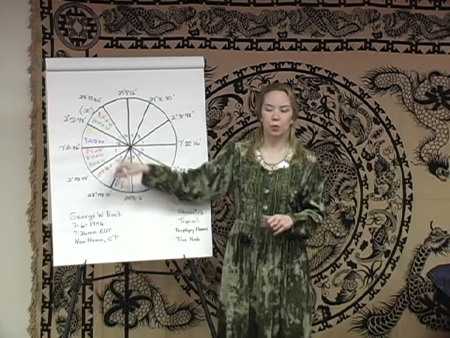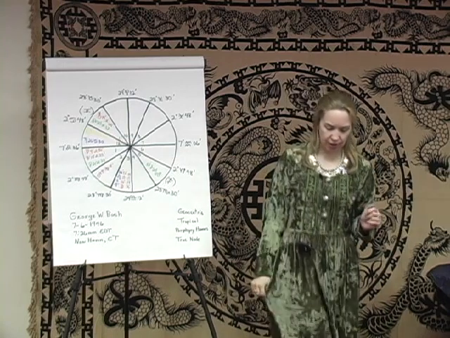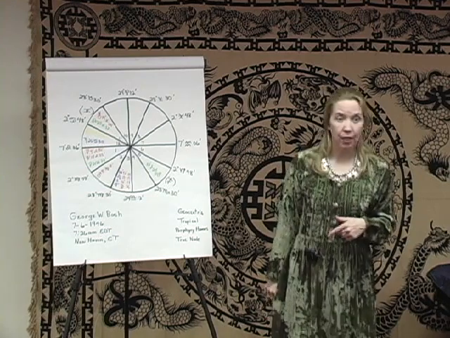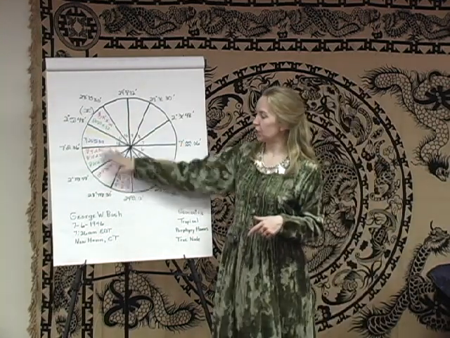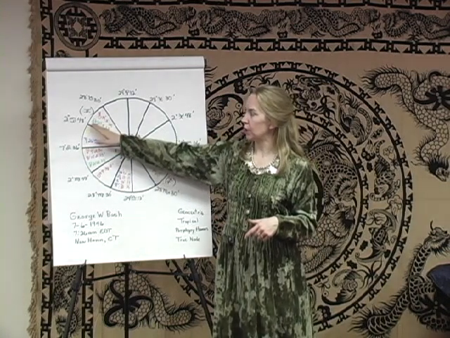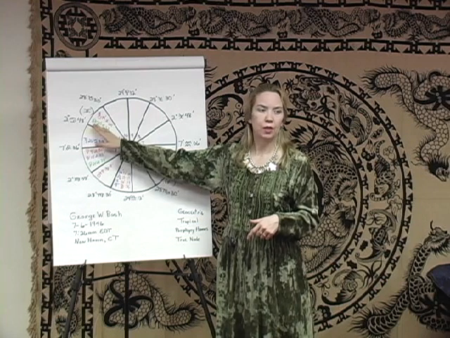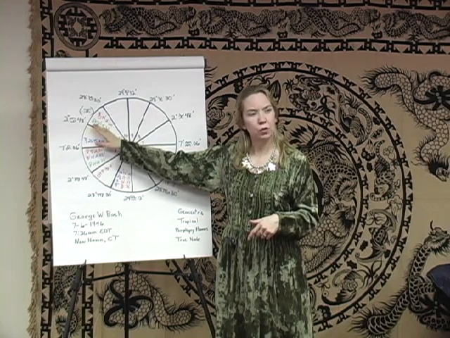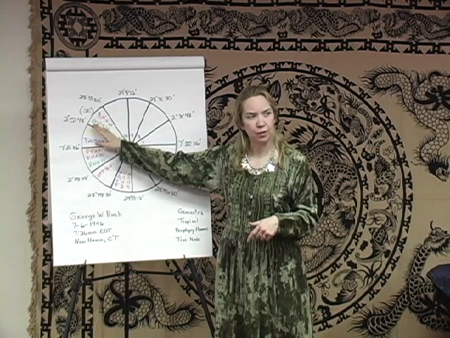Remember what we said with the Pluto passing through Sag, the Gemini lesson was the relativity of truth? And so one of the things that this particular soul, George Bush, would have to realize with a north node in Gemini is that there's many ways of looking at a situation.